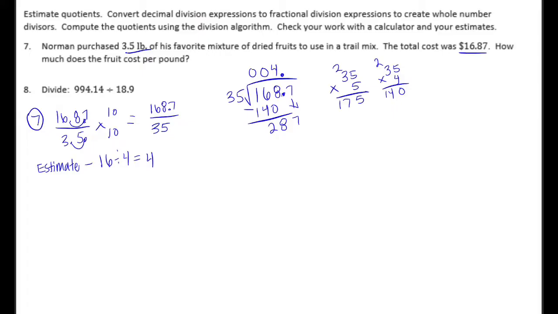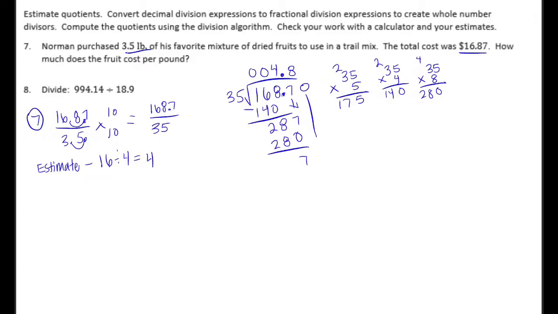Let's try probably about 8 times. 8 times 5 is 40. Carry the 4. 8 times 3 is 24, plus 4 is 28. Yeah, so it can go in 8 times. And that was 280. So we have 7 left over.